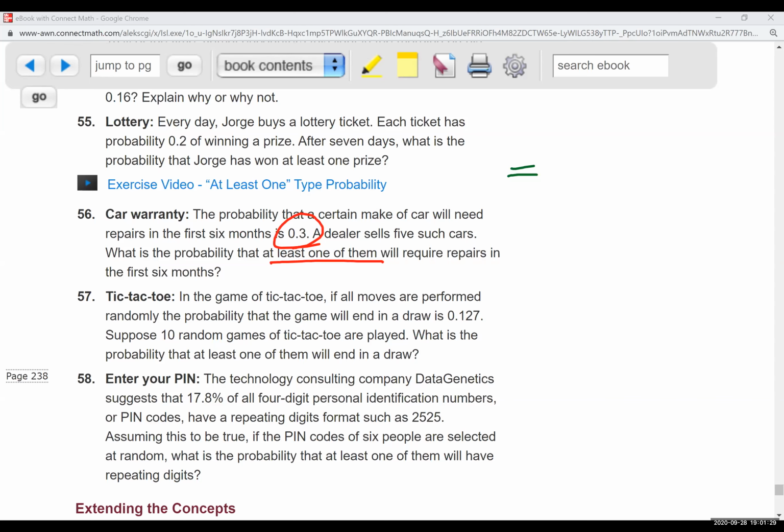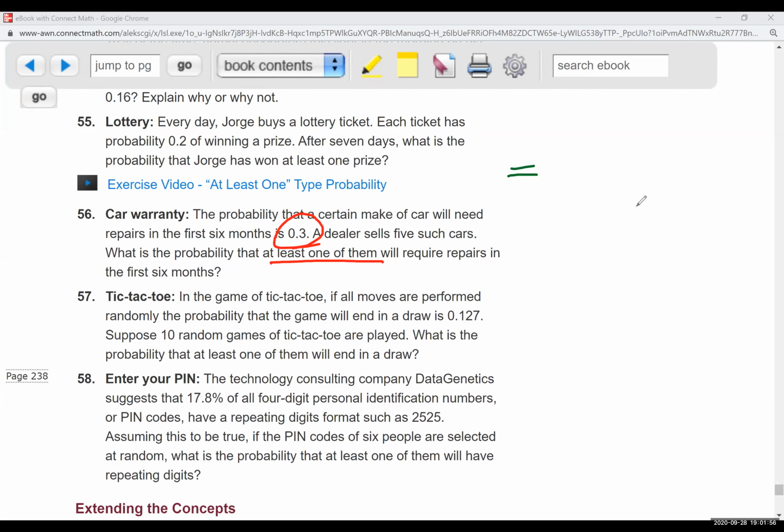Anyone? Is it 0.8319? Yes, that is correct. Very good. So how did you get that?